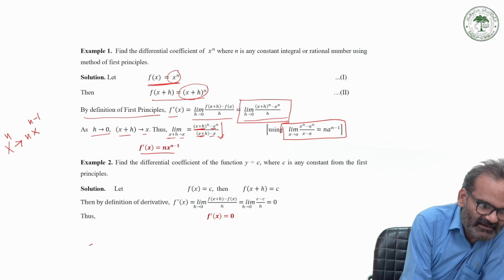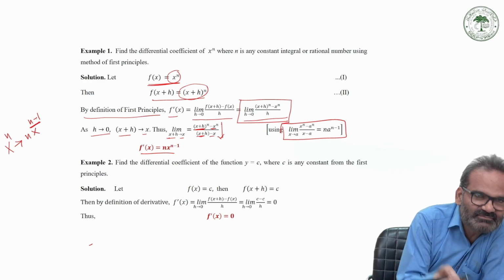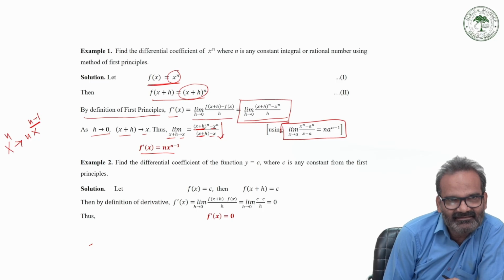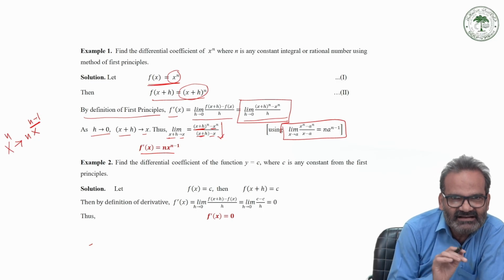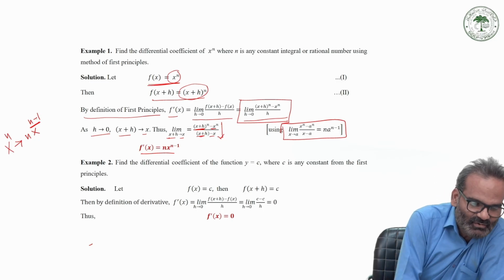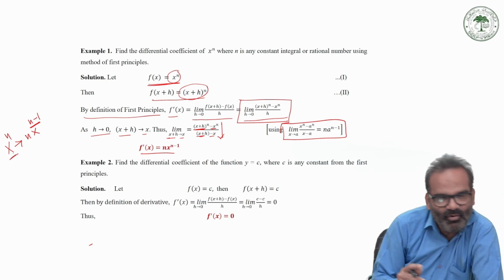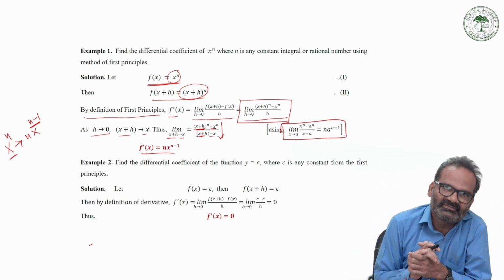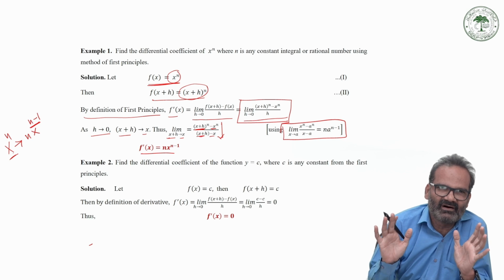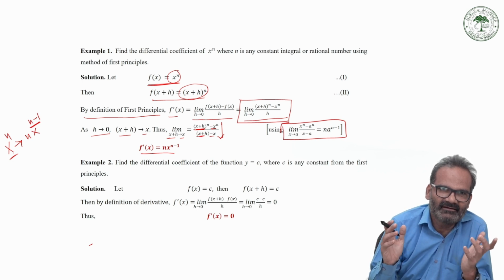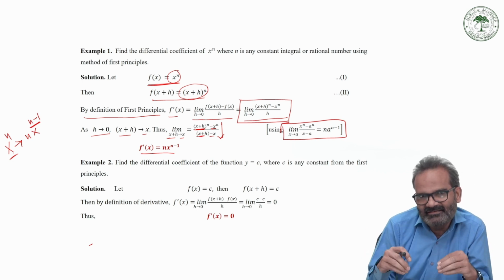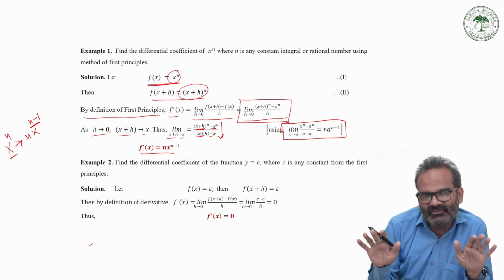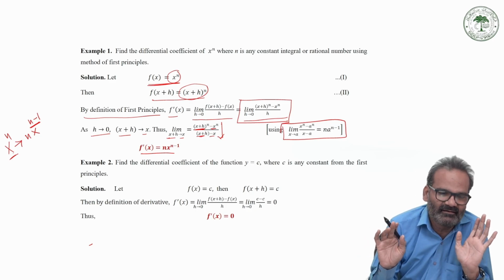The power n comes down and the power itself is reduced by 1. This is the technique behind this formula. So this single formula is more than sufficient to find the derivatives of all algebraic functions.